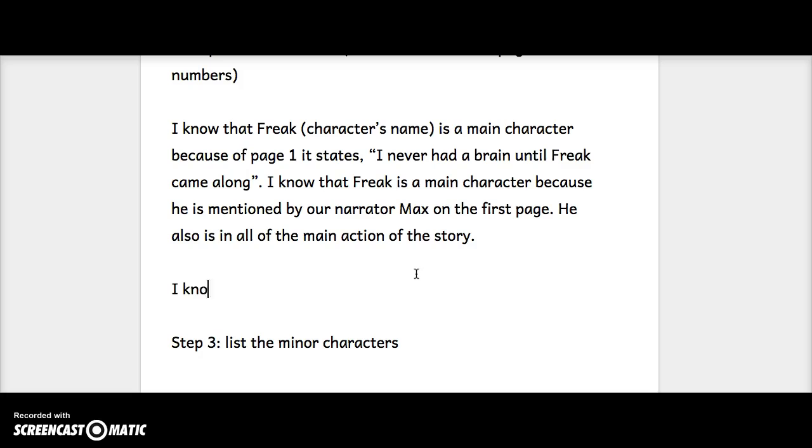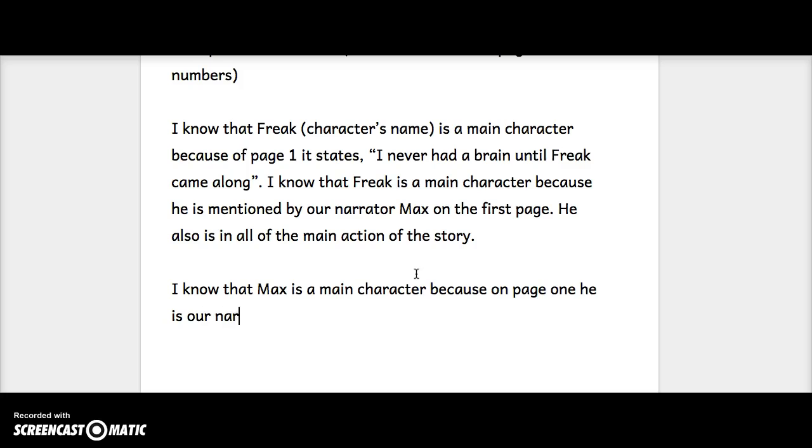So I'm going to say I know that Max is a main character because on page 1 he is our narrator. I know that he is a main character because he is narrating the story.